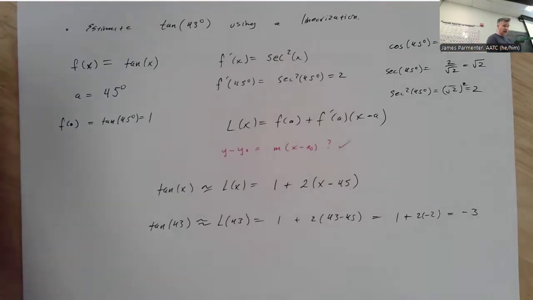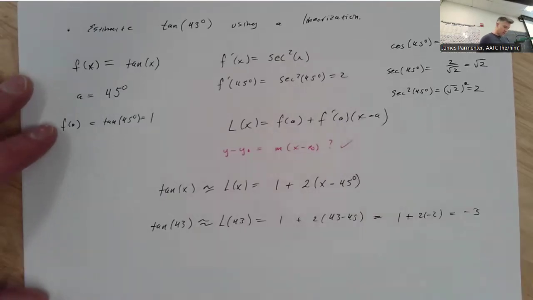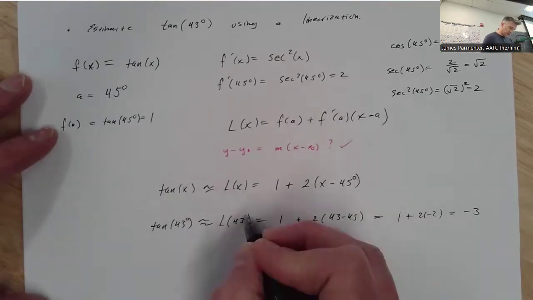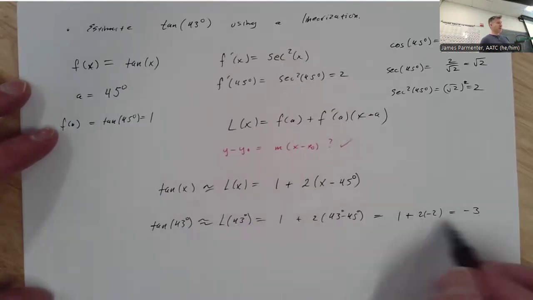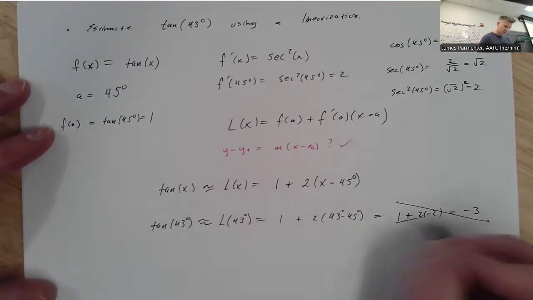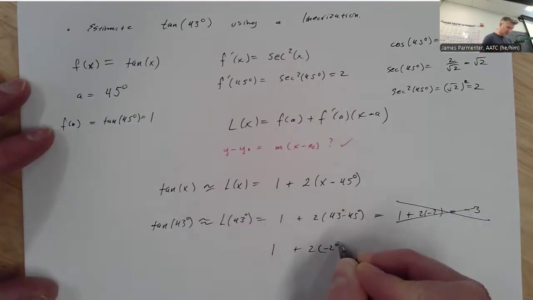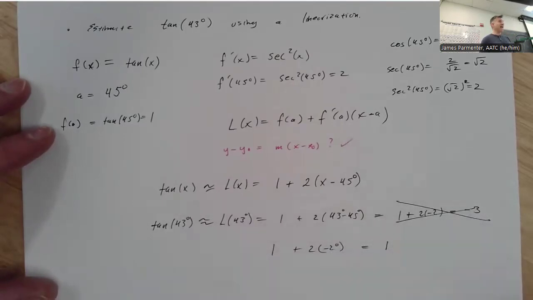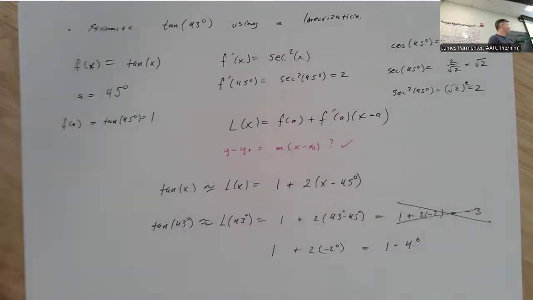I did this on purpose, I was trying to fool you. This really should be 45 degrees here. This is tangent of 43 degrees. This is 43 degrees minus 45 degrees. This isn't 1 plus 2 times negative 2, this is 1 plus 2 times negative 2 degrees, or 1 minus 4 degrees.